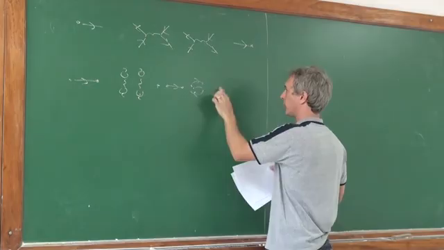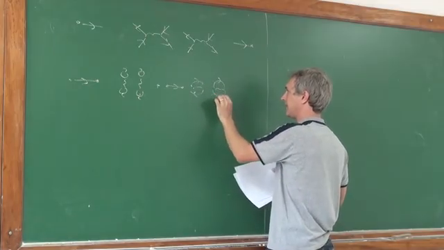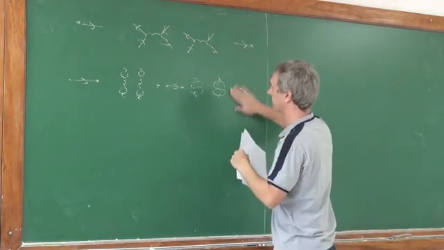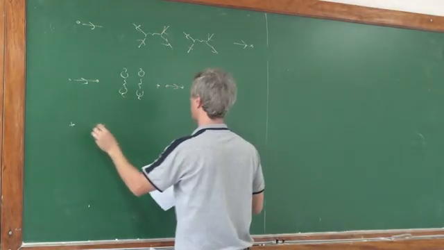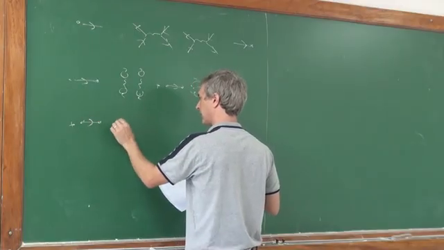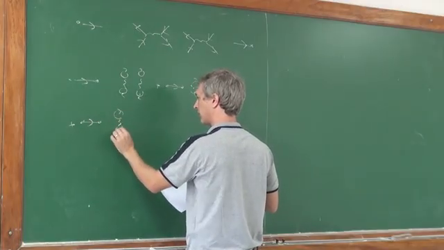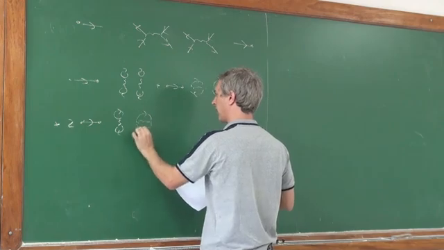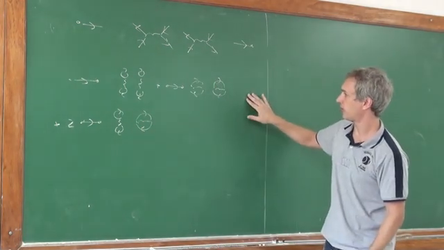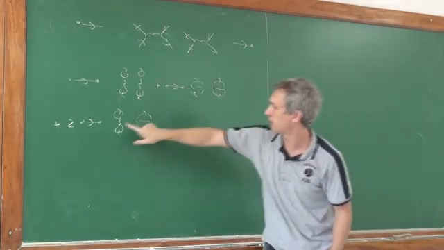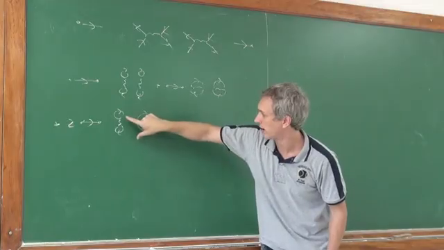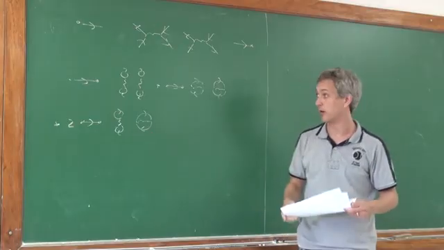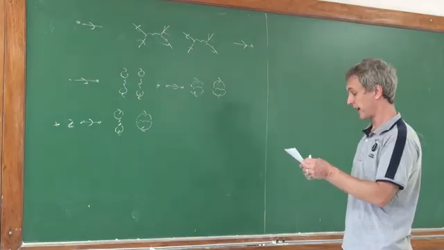I should be careful with the drawing; if you cannot identify the drawing, let me know. So we end up with 4 different diagrams. There are 2 ways to do this one: you can take the first one and make it this shape, or take the second one and make it this shape. So this is already 4 diagrams.